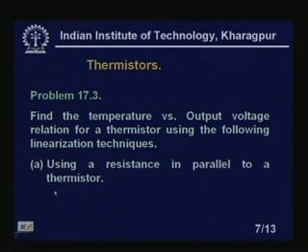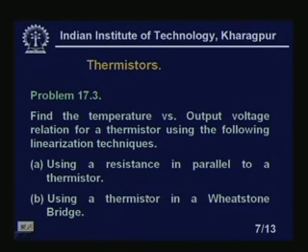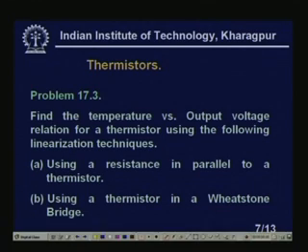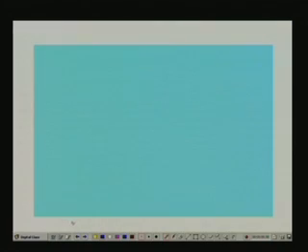A, using a resistance in parallel to a thermistor, and B, using a thermistor in a Wheatstone bridge. So, these are two different problems given for a thermistor. So, let us take a board. This is our problem.